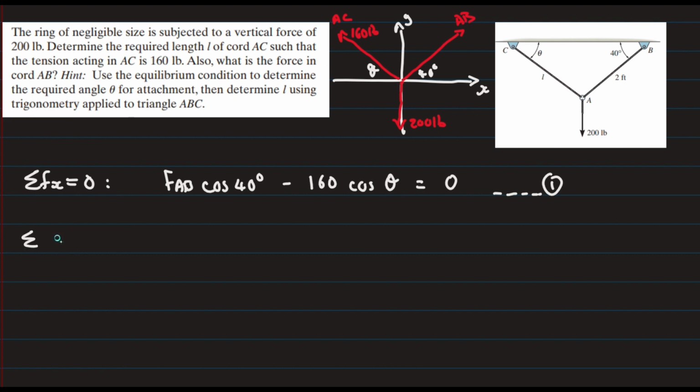Next up, the sum of the forces in the y direction at equilibrium is equal to 0. And we have force AB in the positive y direction, so we have AB sine 40 degrees plus force AC in the positive y direction, which is 160 sine of theta, and then minus the weight 200 pounds is equal to 0.